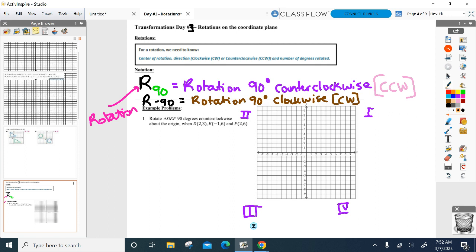And we're going to show you how to do little rotations here. 90 degrees, this says counterclockwise, but I could have left that out and we still would have known counterclockwise. All right, everyone ready here?